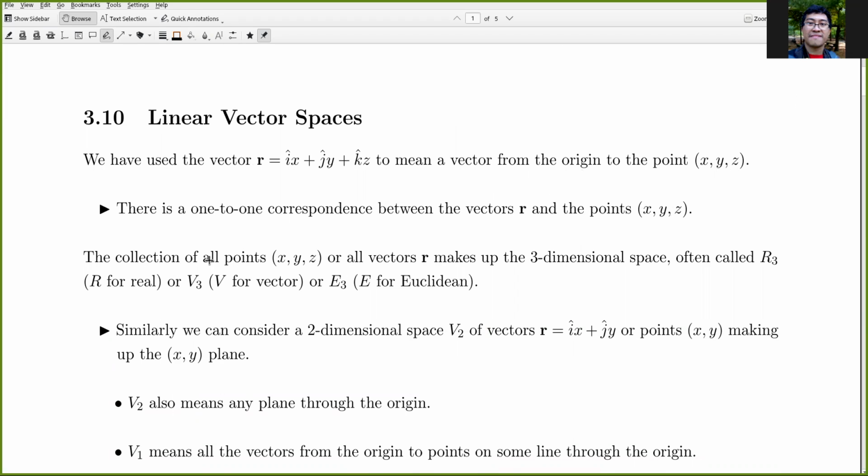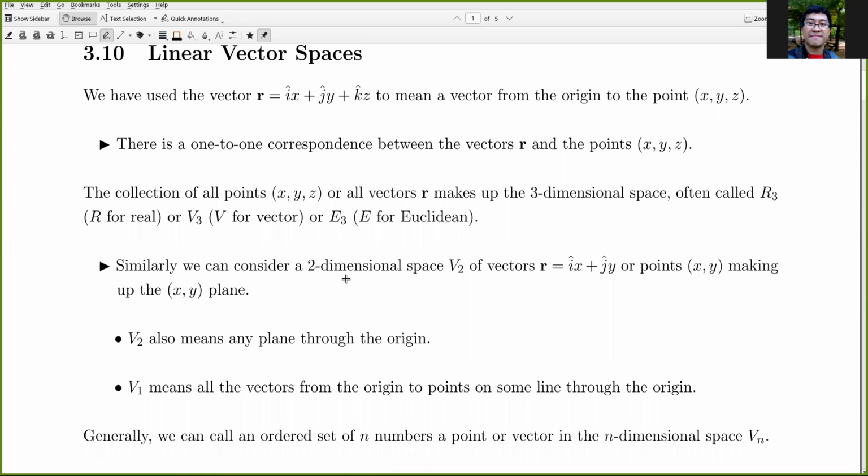This collection of all points xyz of all vectors r makes up the three-dimensional space often called R3 or V3 or E3. R for real, or V for vector, or E for Euclidean, but they all mean the same, the three-dimensional space.